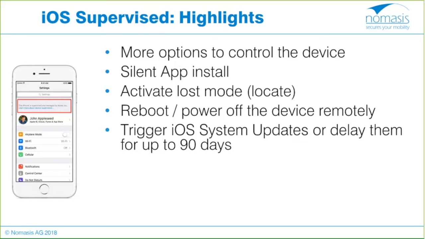And on the other hand, this is something that's recent, I think from iOS 11.3, which came out very recently, which is the ability to delay the installation of iOS updates on the devices for up to 3 months, 90 days. So if you're concerned with in-house apps, for example, that you wish to test to make sure that they're running properly before you allow users to update, this could very much be of benefit to you.